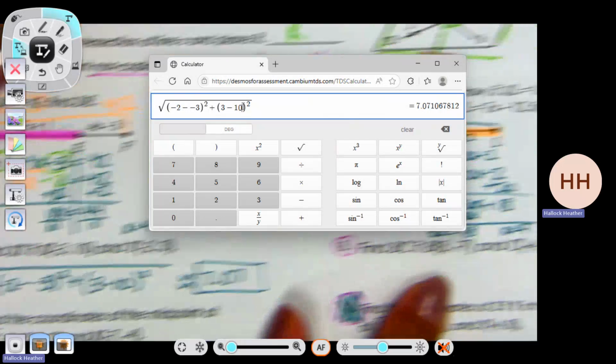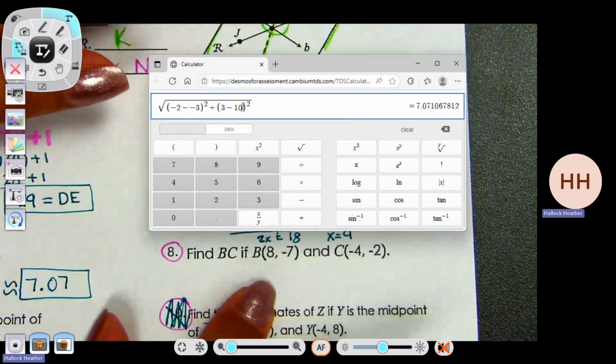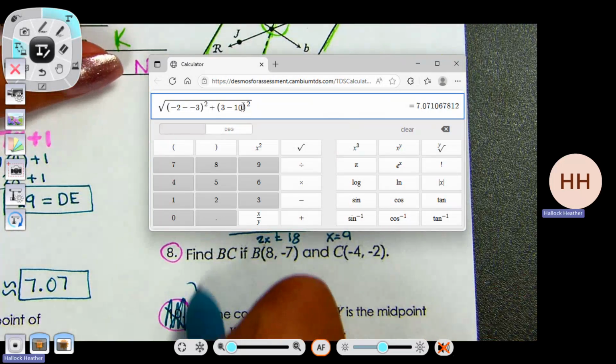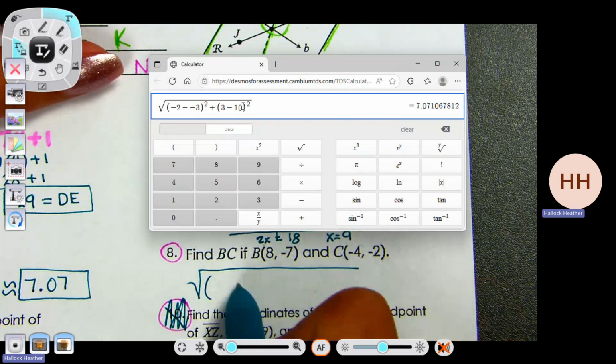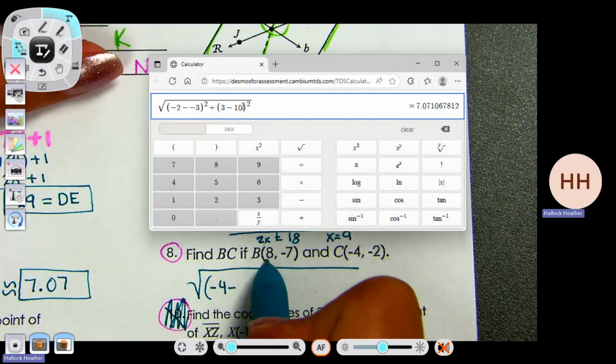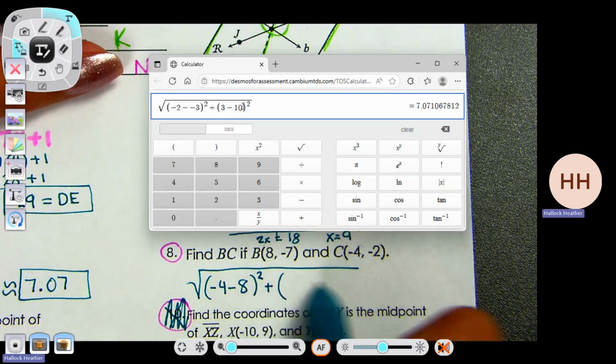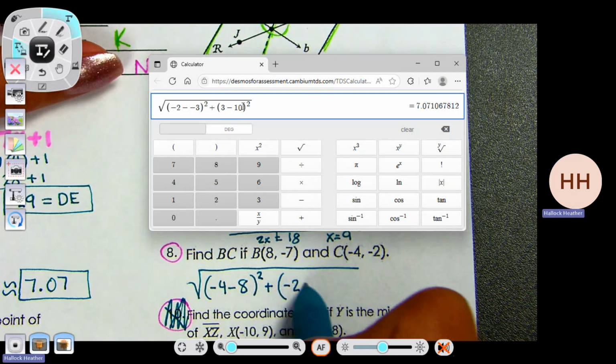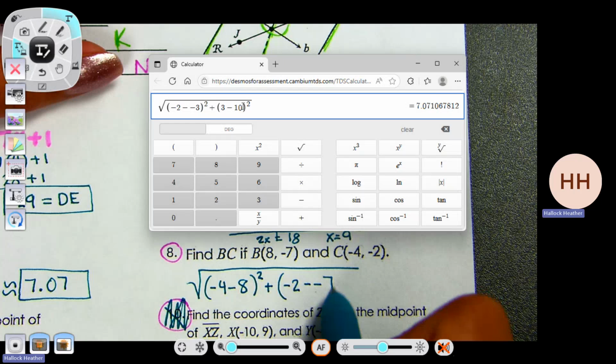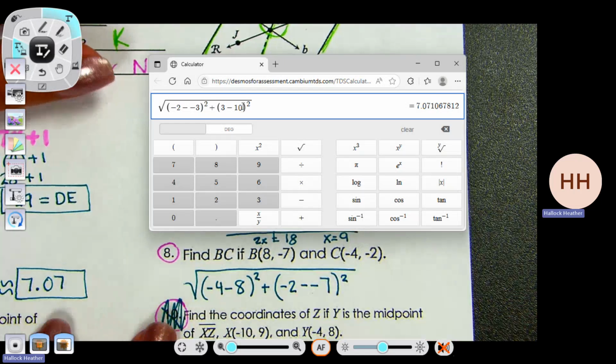Number 8, we're doing the same thing. We're going to find BC. So I just plug it into my formula. I have x2, which is -4. I'm subtracting x1, which is 8 squared. I'm adding -2 minus -7 squared. So I just have to type this in.